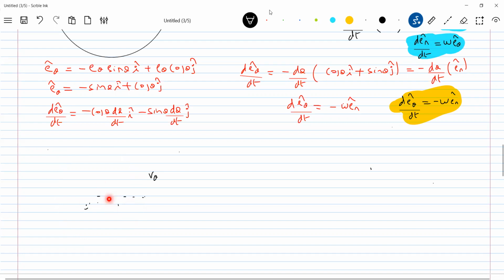If you're finding it difficult, just think like this. This will be r1. Look at this. Instead of circular motion, I'm describing curvilinear motion.